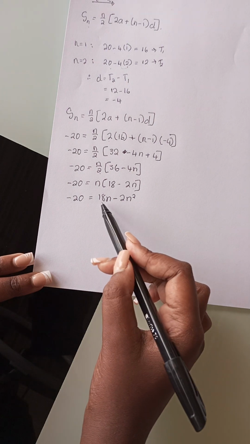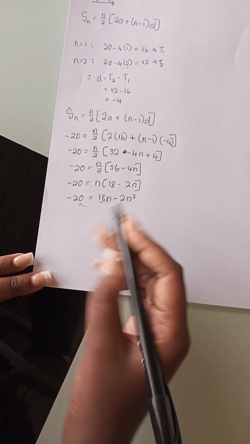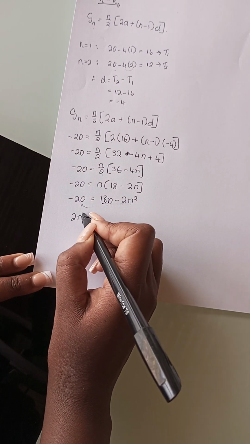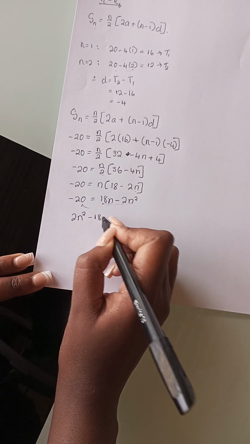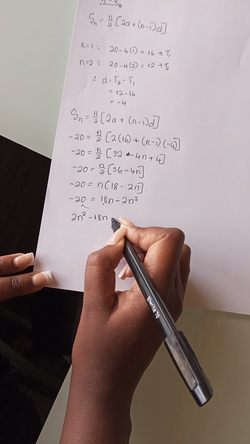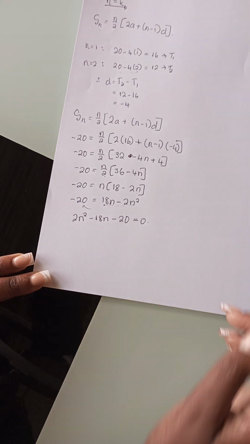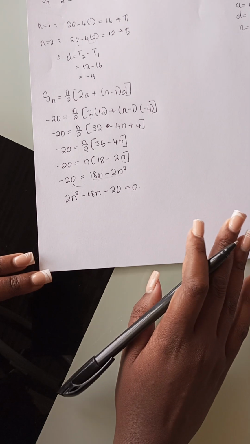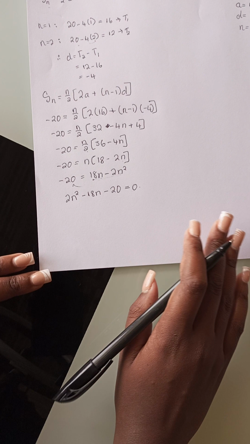Okay, so let's take these terms and bring them to this side. So we're going to have 2n squared minus 18n minus 20 equal to 0. And what do we have there? We have a trinomial which needs to be factorized.